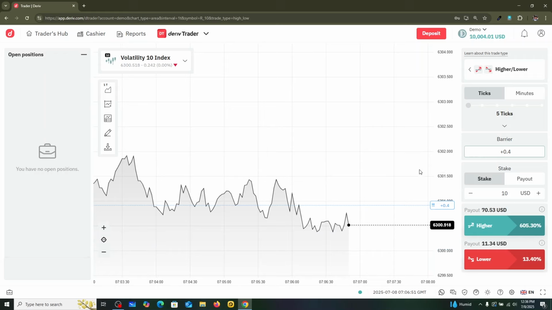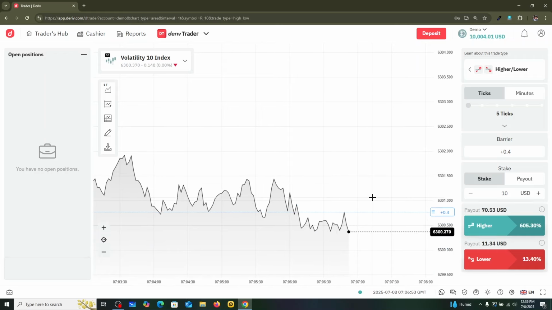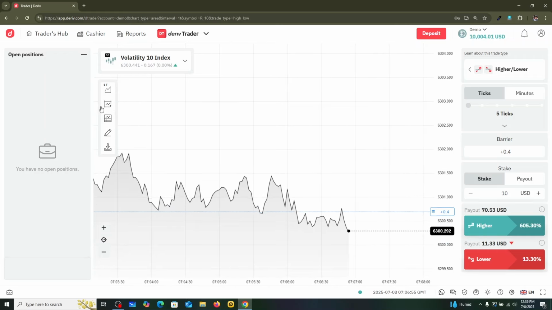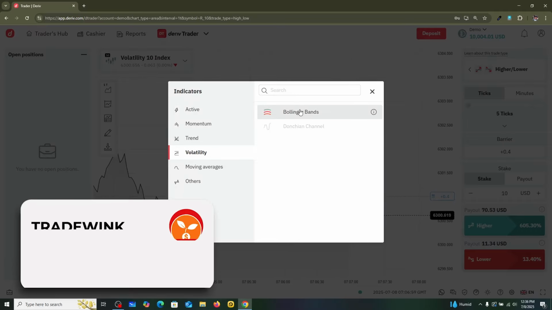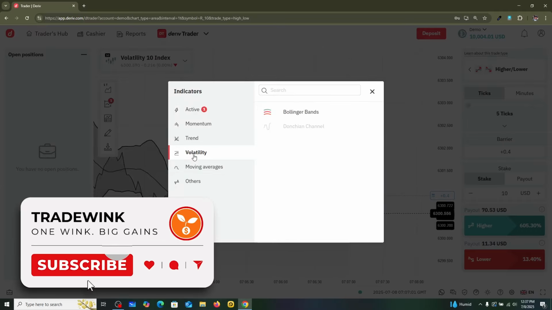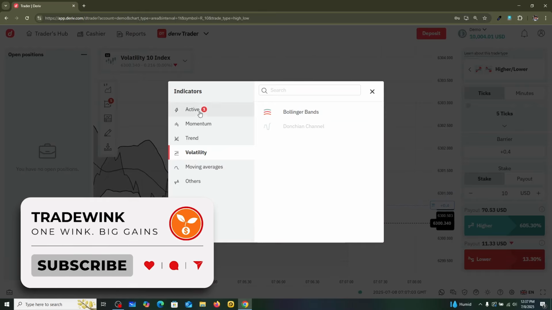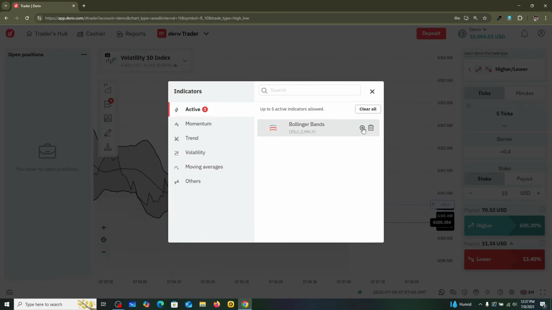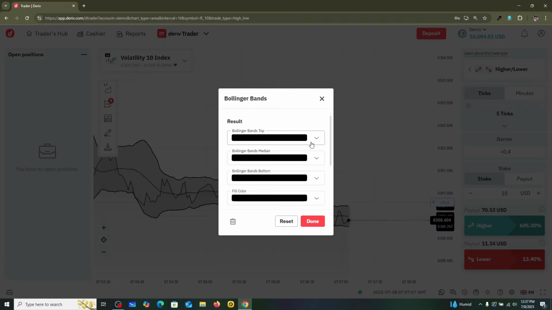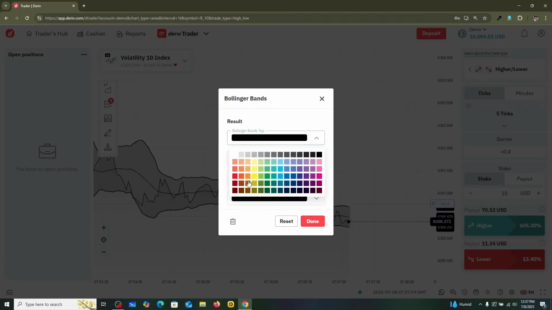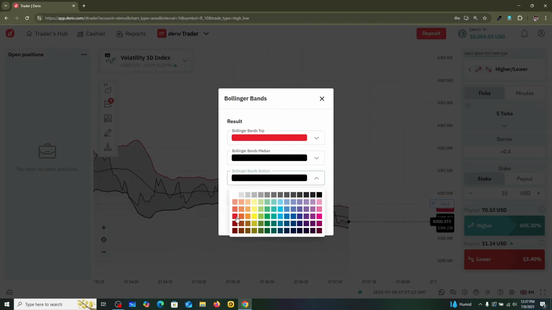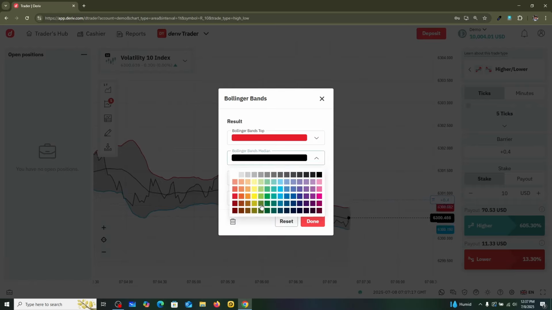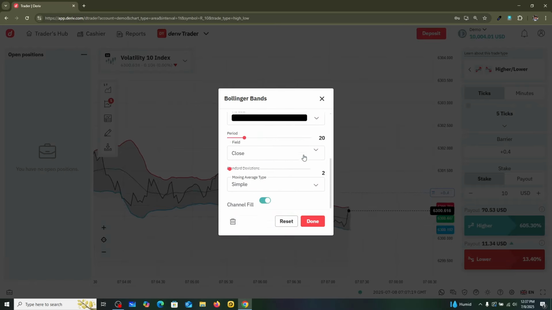I'm going to make it +4, and for this we are using an indicator called Bollinger Bands. As you can see, I'm selecting Bollinger Bands from the volatility, going there and selecting the settings icon. I'm going to change the colors: the top red, the bottom blue, and this one green.